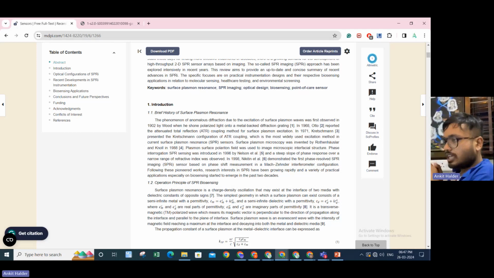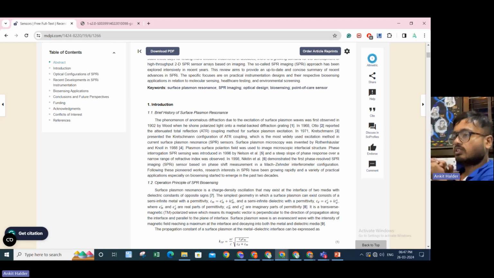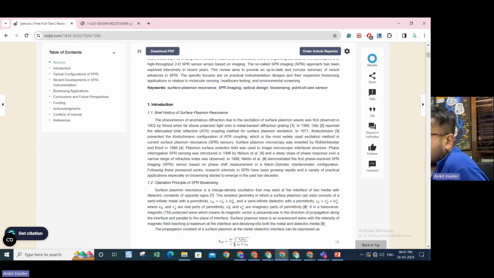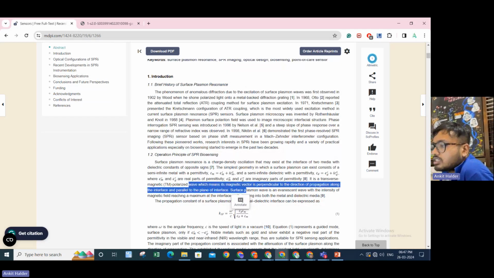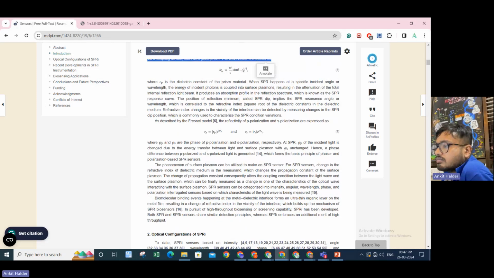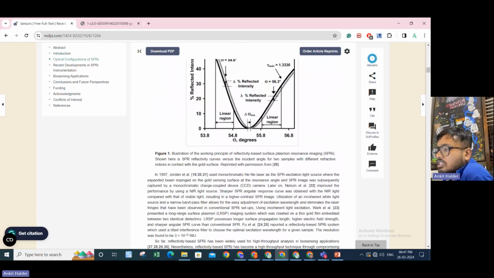Surface plasmon can consist of a semi-infinite metal with a permittivity and a transverse polarized wave. Surface plasmon is an emission wave. So these are the configurations.